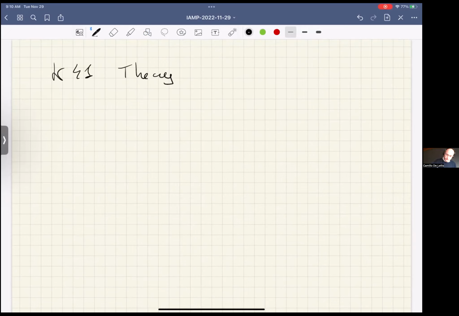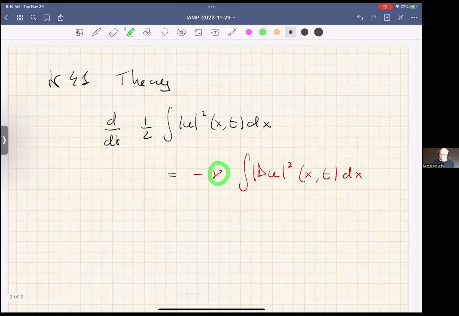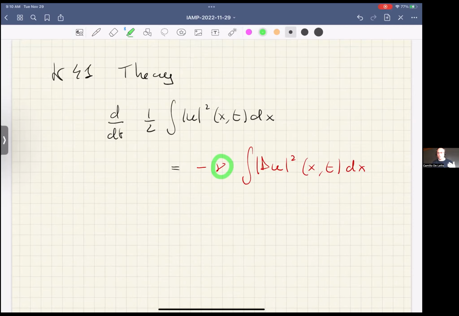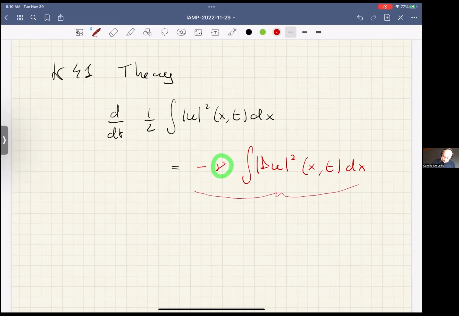The zeroth law of K41 theory typically tells you that if you have a typical turbulent solution of your equation, this dissipation, if you were converging to a smooth solution of the Euler equation, so you're just imagining that you're solving the Navier-Stokes equation but with a small viscosity, and even though there is this nu in front of the dissipation, which would suggest that this quantity is going to zero as you solve it for a nu which goes down, if you're looking at the turbulent flow, what should happen is that this right-hand side stays bounded away from zero.